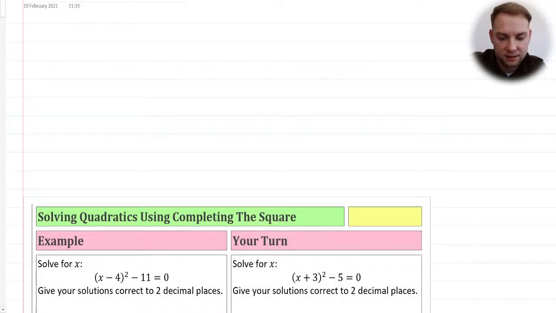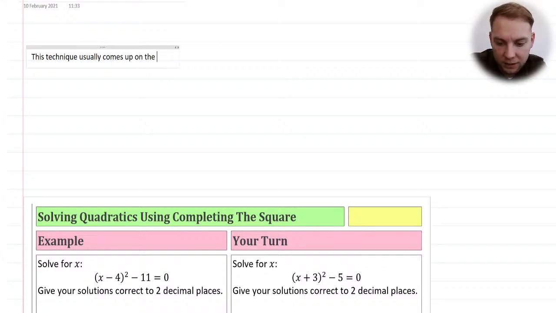So let's just write a little sentence. This technique usually comes up on the non-calculator paper.